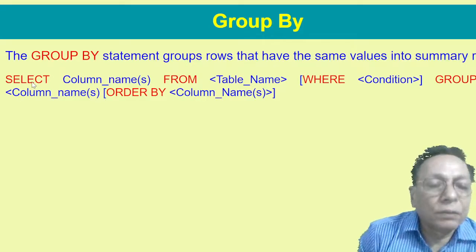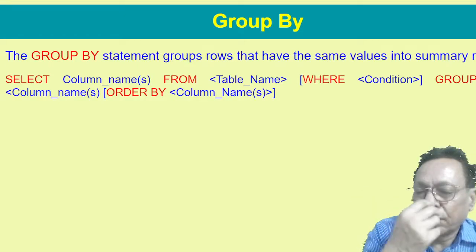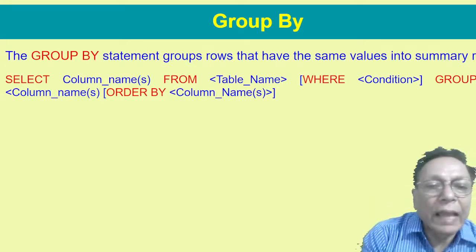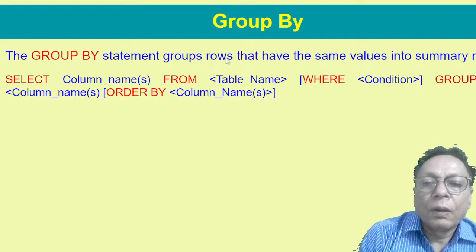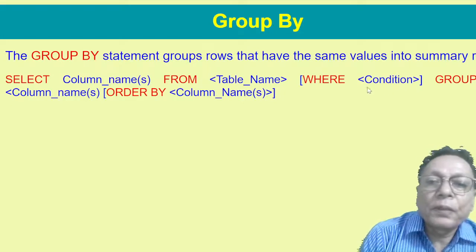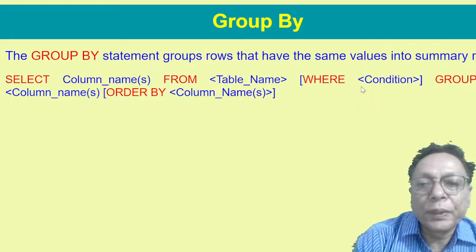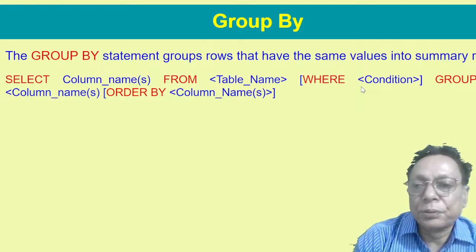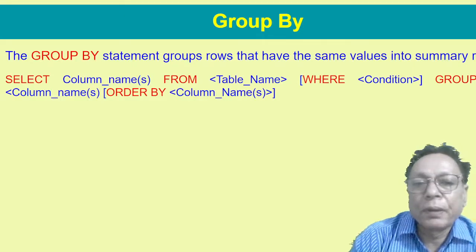Select column name, from any column or number of columns, even an aggregate function you can use here, from table where condition, and mind it, the group by clause comes after where. If you want to use the where clause, it is up to you, and if you do not want to use it, it's your choice.